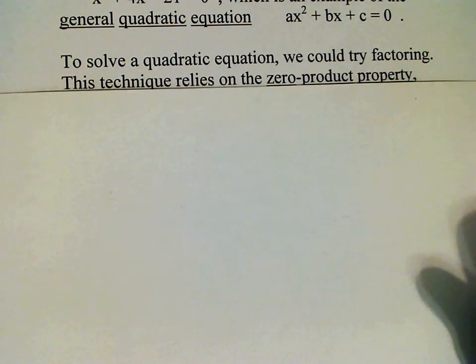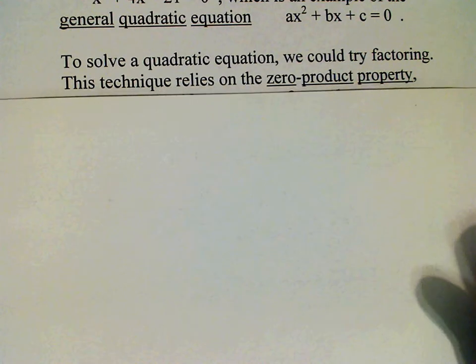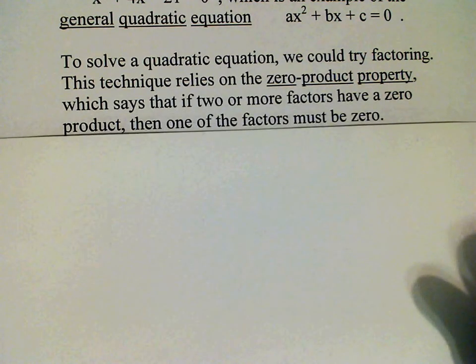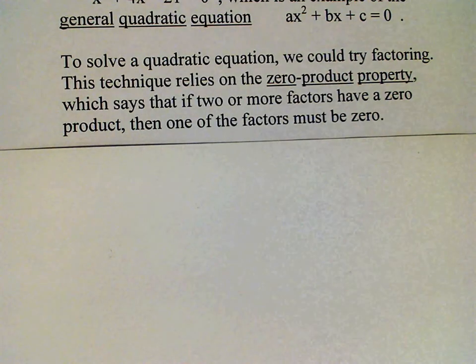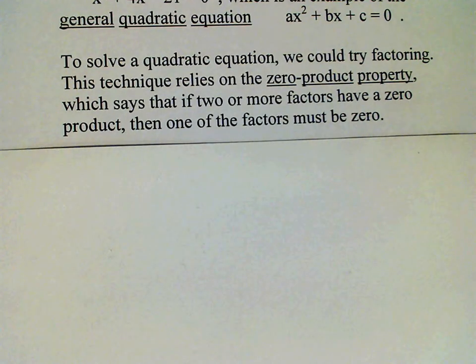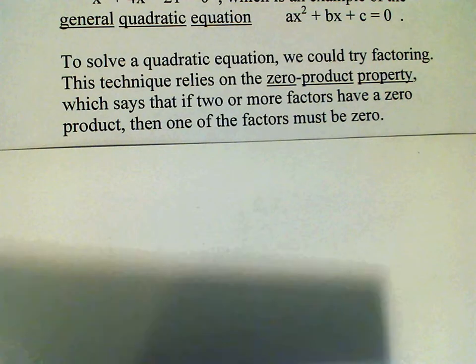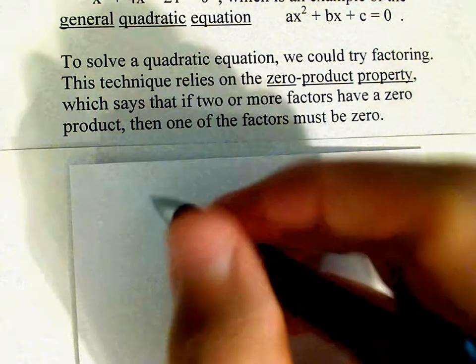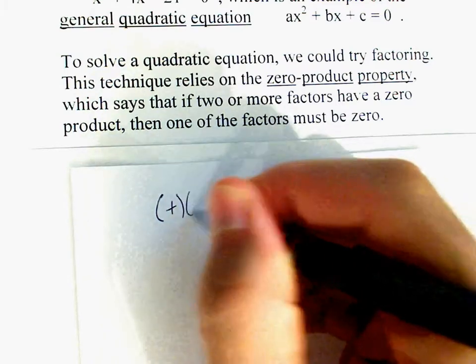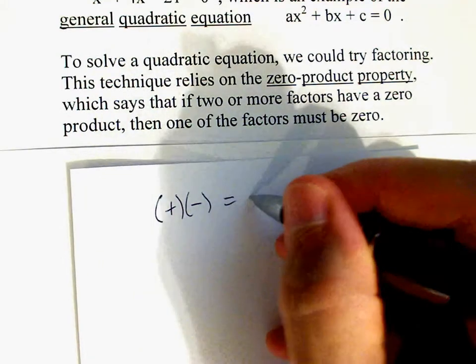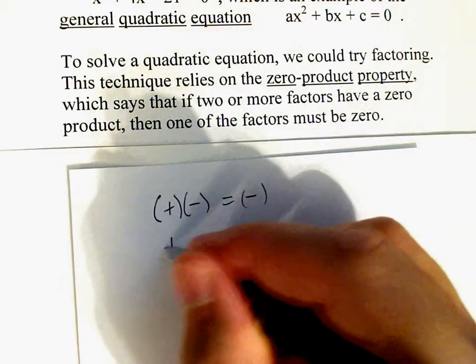Now, to solve a quadratic equation, we could try factoring, and I need to let you know that this technique depends on the property of real numbers, that if you multiply 2 numbers and the product is 0, then one of those factors must be 0. Just think about that for a second. If you multiply a positive and a negative, then the answer is going to be negative.